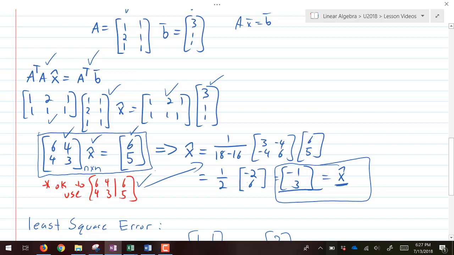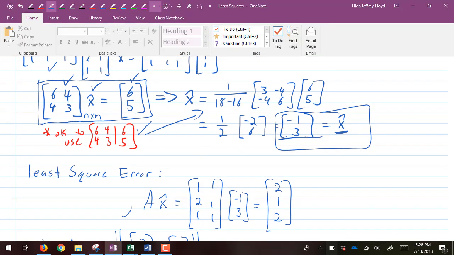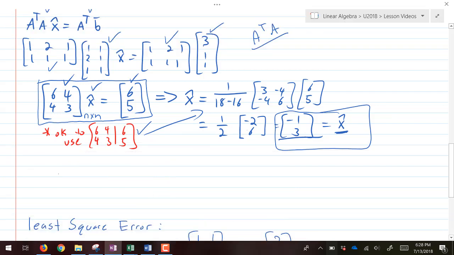Notice I could also solve this using row reduction, and if A didn't have linearly independent columns, then that's what I would have to do, because A transpose A would not be invertible. So that's our least squares solution.